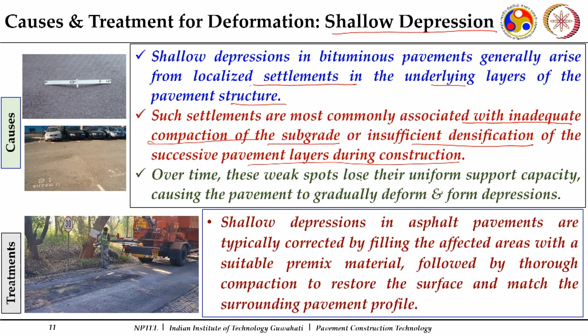These weak spots lose their uniform support capacity, causing the pavement to gradually deform and form depressions on the top layer. Shallow depressions in asphalt pavements are typically corrected by filling the affected areas with a suitable premix material, followed by thorough compaction, so that the surface matches the surrounding material. This is how it can be repaired.